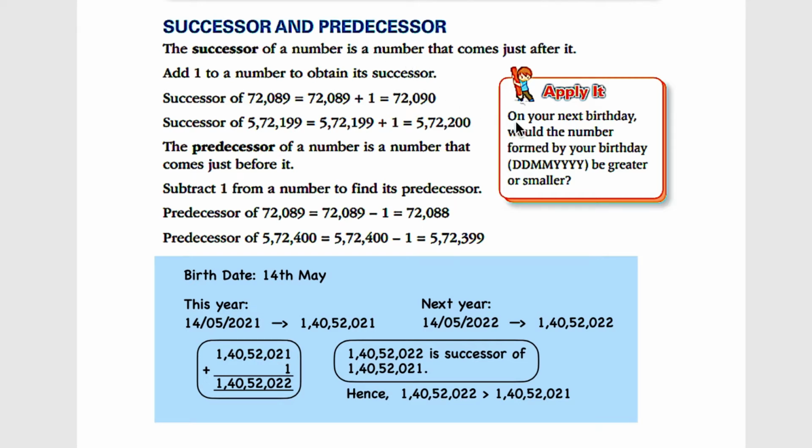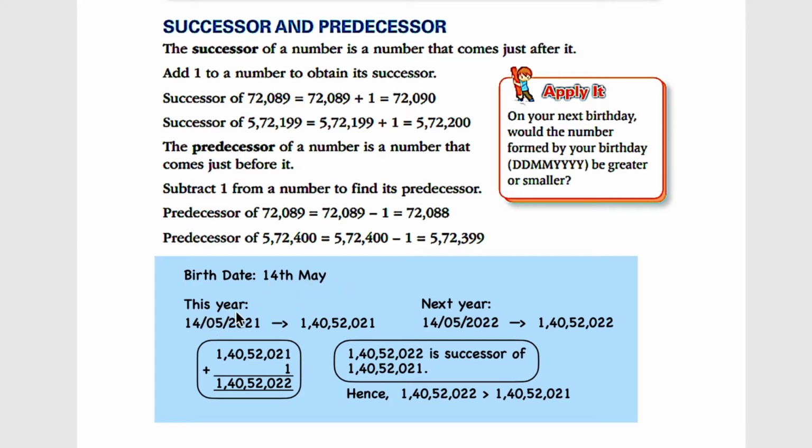So the question is, on your next birthday, would the number formed by your birthday in this format, that is the day first, then the month, then the year, be greater or smaller? So over here, let us say your birth date is 14th May.